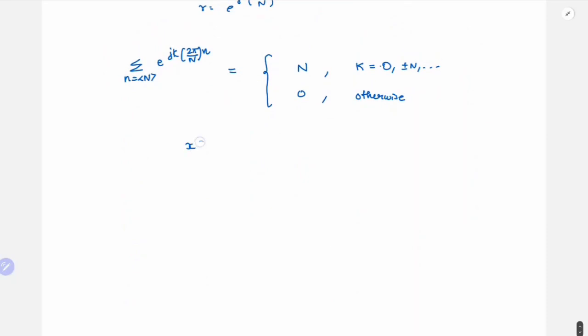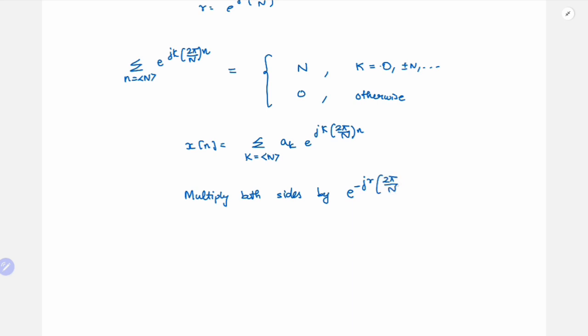So we have x[n] is equal to summation over k of a_k e^(jk 2π/N n). So let us multiply both sides by e^(-jr 2π/N n), and sum over n for N terms.